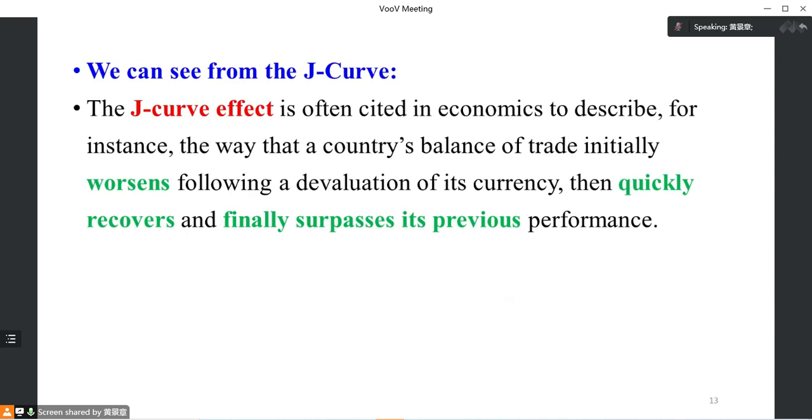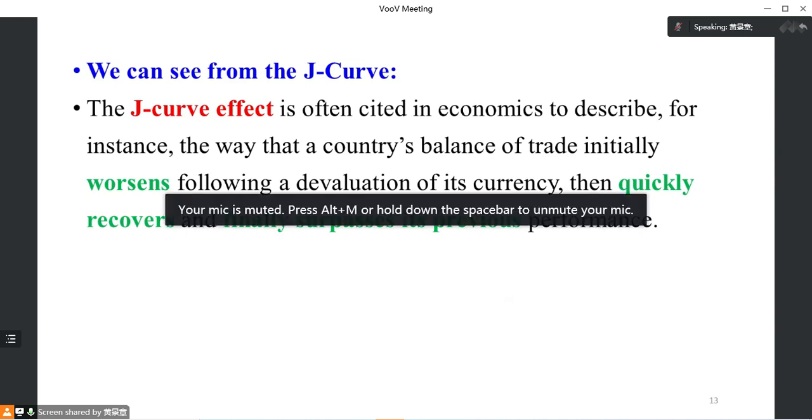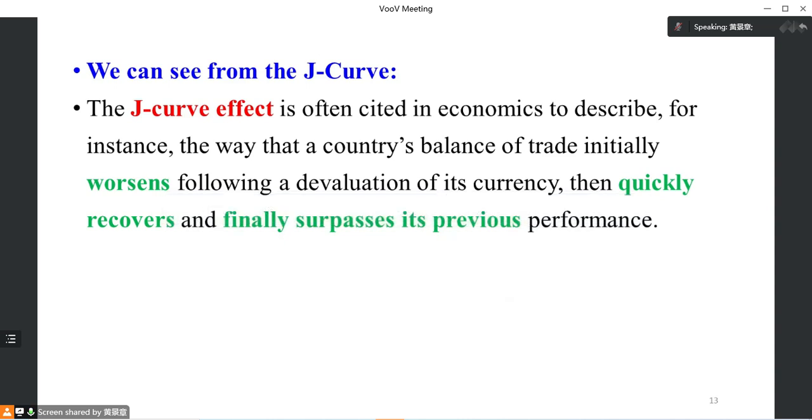The J curve effect is often cited in economics to describe the way that a country's balance of trade initially worsens following a devaluation of its currency, then quickly recovers and finally surpasses its previous performance. This is the meaning of the J curve.